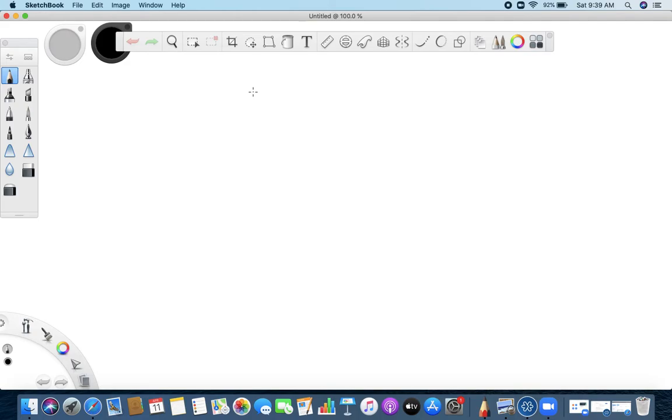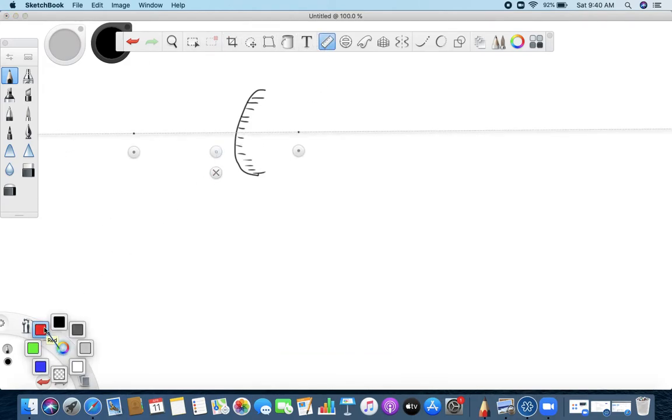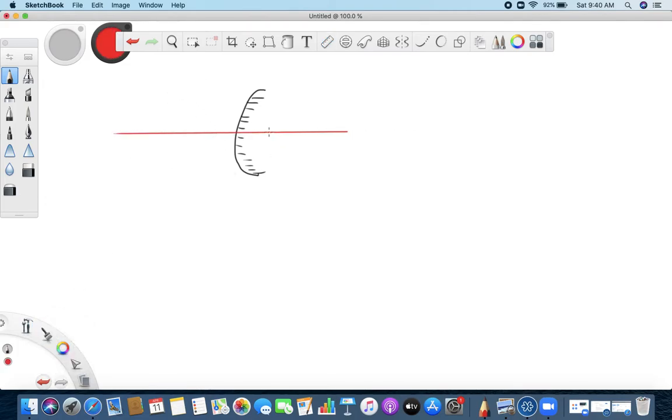How does it work for a convex mirror? As I said, you have to draw your principal axis, and this is your incident ray. Now if you see, it will meet here.